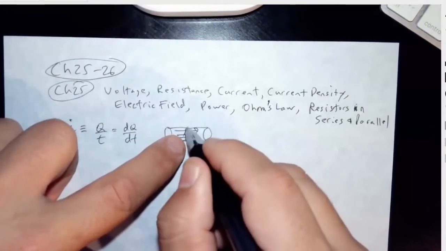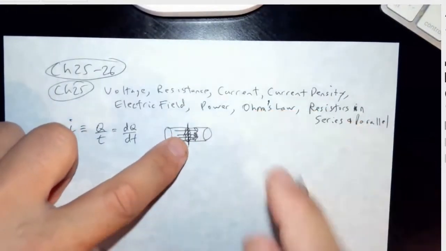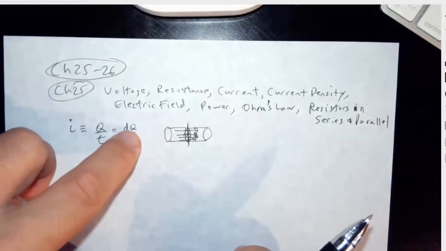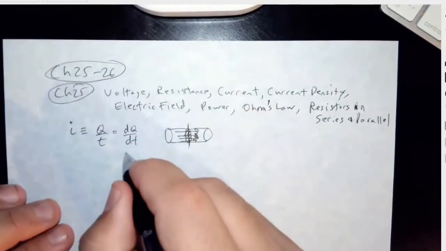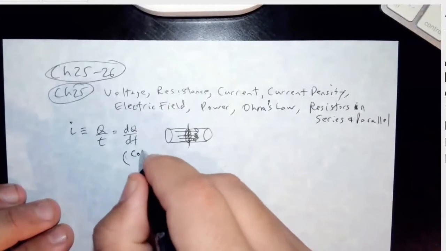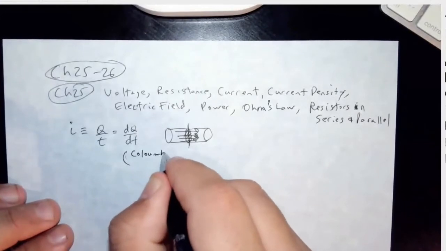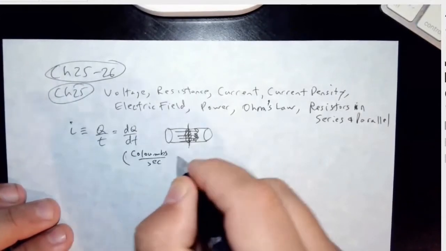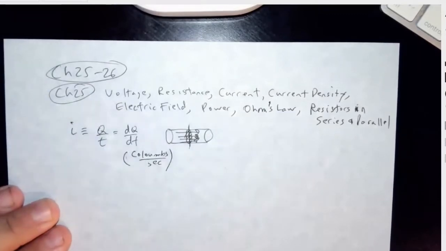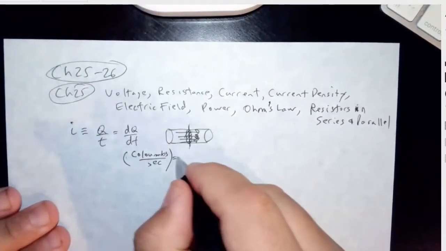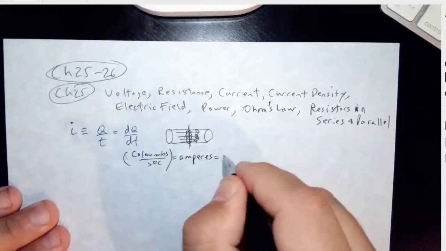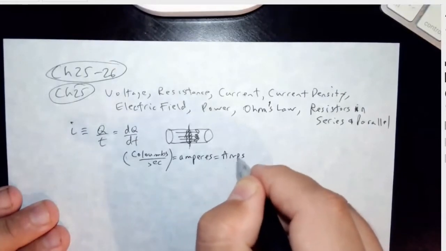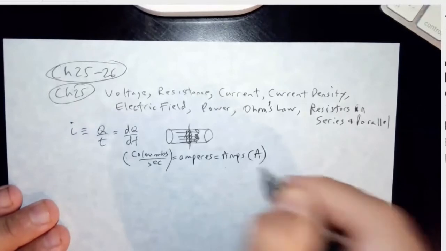How much charge is flowing through that certain spot per unit time, dq dt, the rate of charge flow. And it's units of coulombs per second, and it would be measured in amperes or amps, and the symbol for it is just capital A, amps.